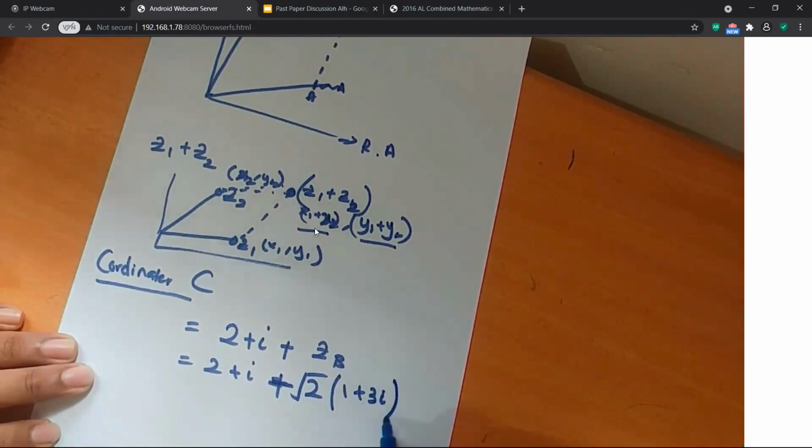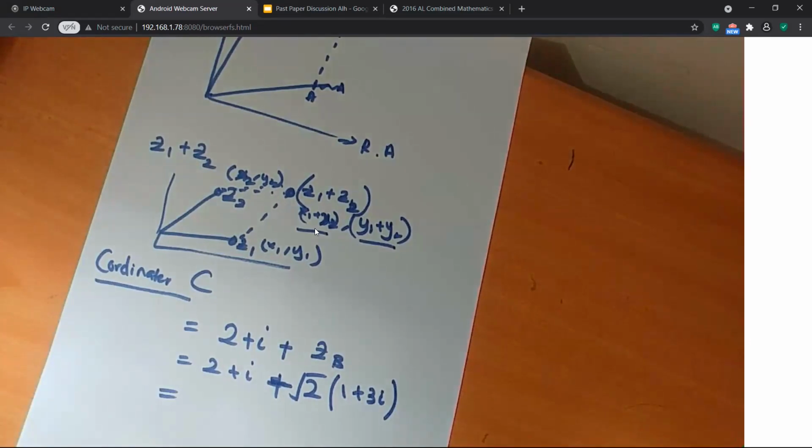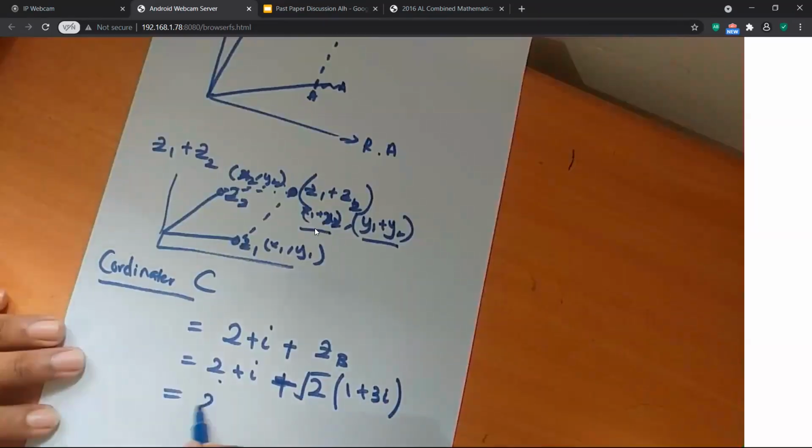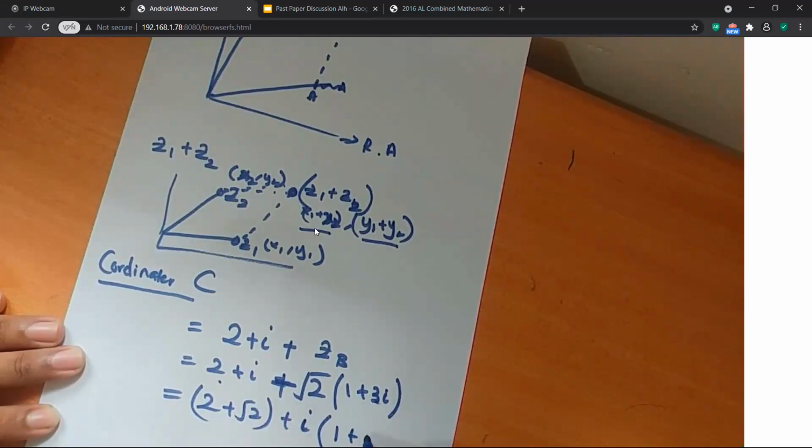When you write it, always try to write in the format of X plus iY, so you get the real numbers together and the imaginary numbers together. So here you have 2 and root 2, so you get 2 plus root 2. Then if you take the i outside, as i is the imaginary part, you get 1 plus 3 times root 2, which is the answer we need.